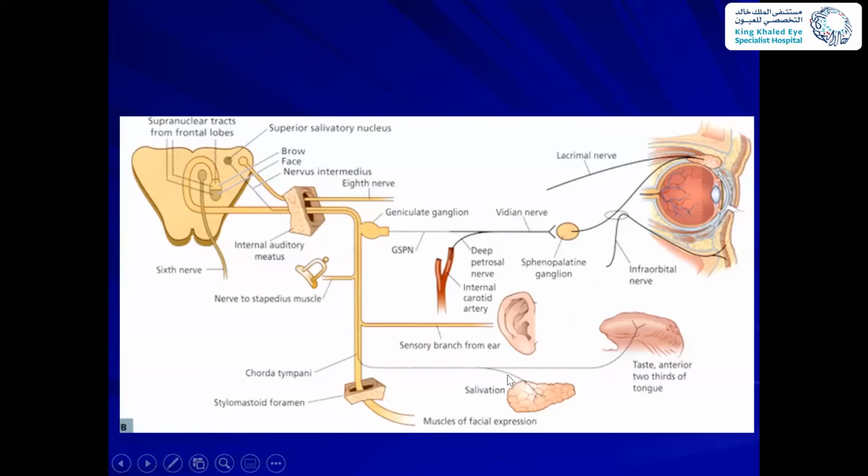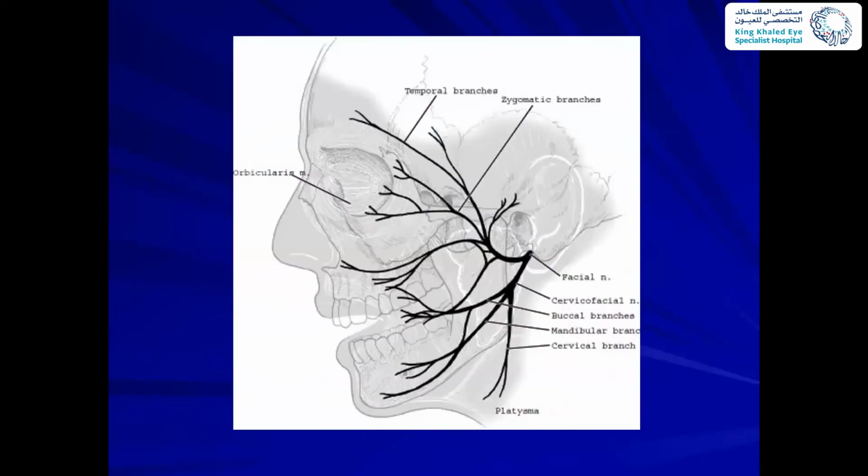Then at the parotid gland, it divides into several branches supplying the whole face. And these are the different branches we see during anatomical dissection. In a real anatomical lab dissection, you will not see the branches as beautiful as this. This is more of a simplification of the facial nerve branching pattern. In real life, it's more complicated than this picture.